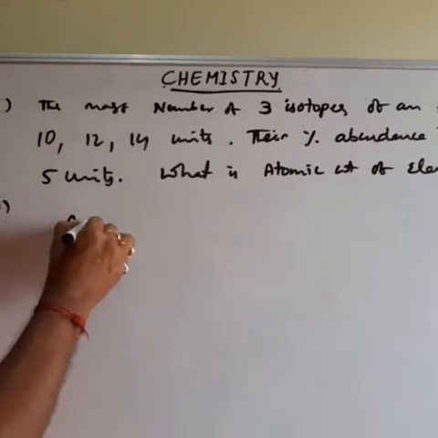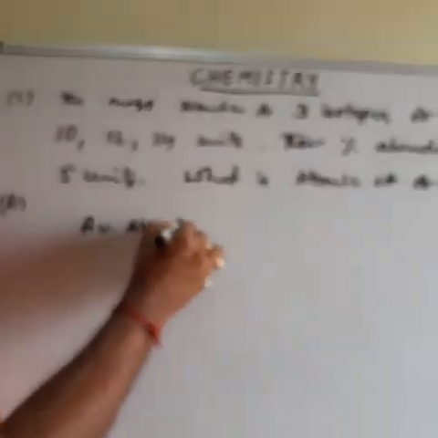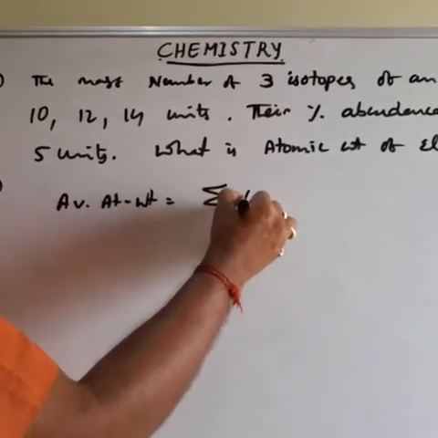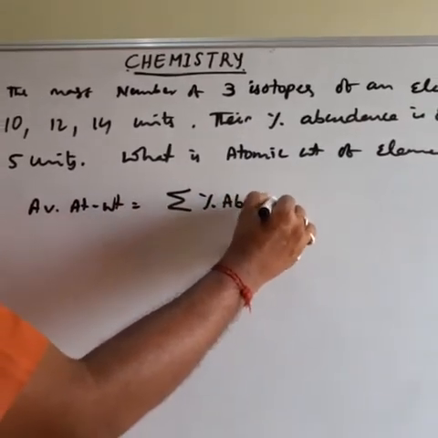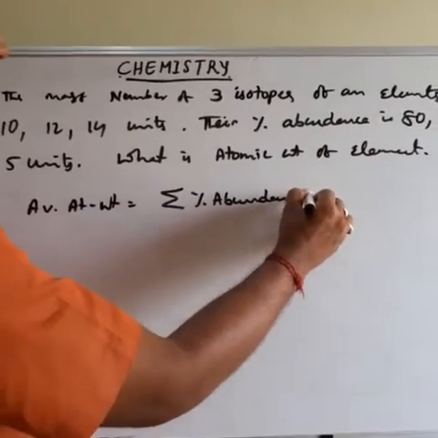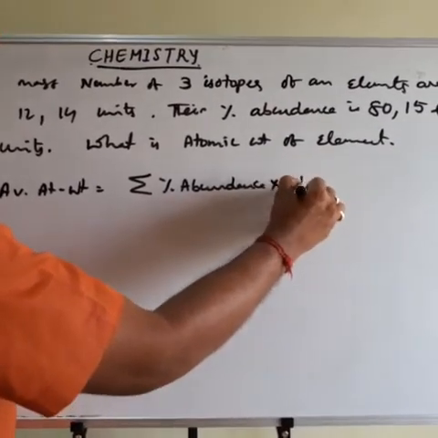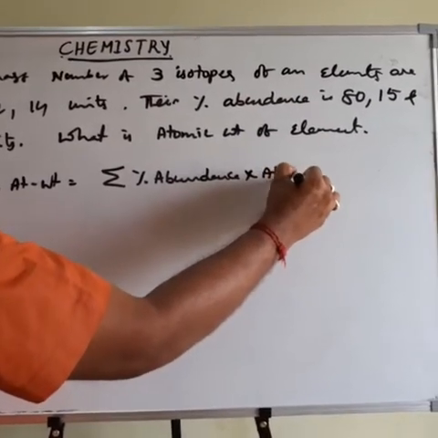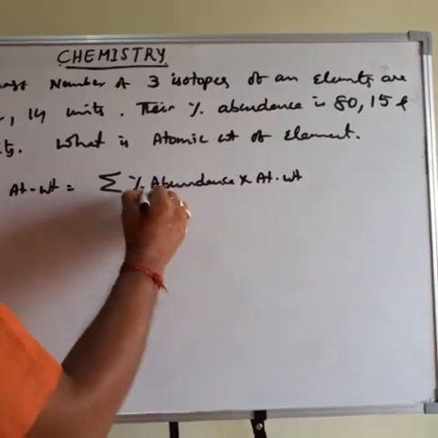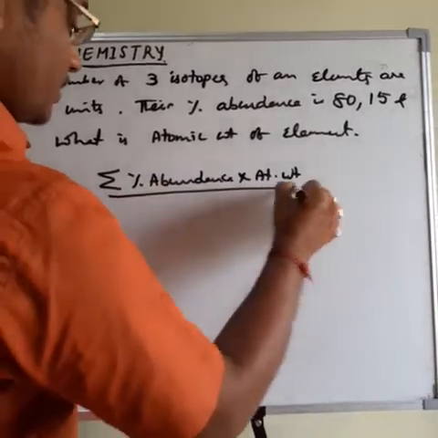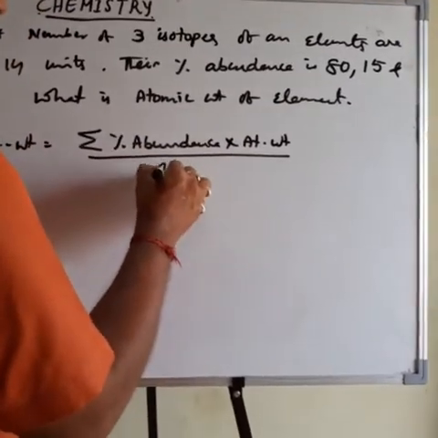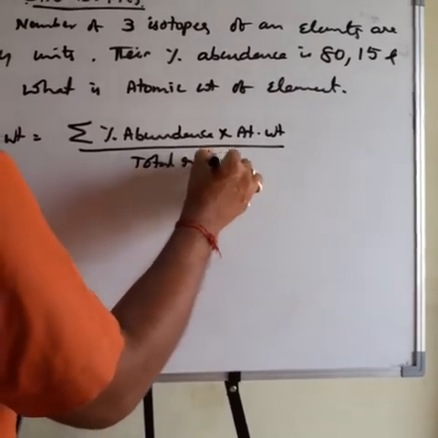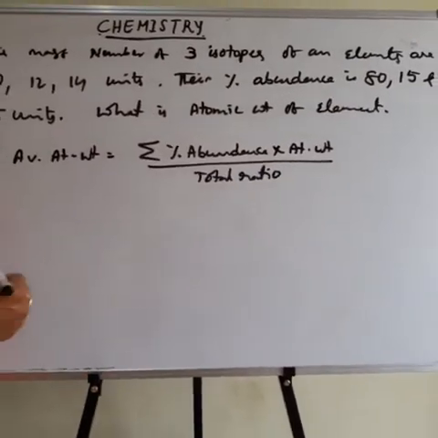What is the formula? Average atomic weight is equal to the sum of percentage abundance into atomic weight or atomic mass, divided by total ratio. Okay, so this is the formula.